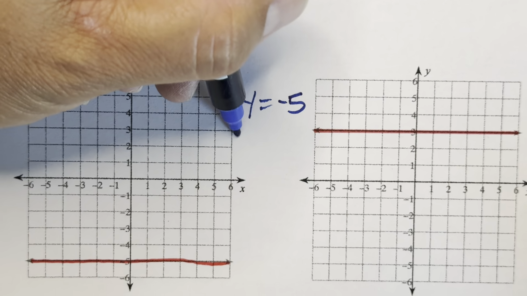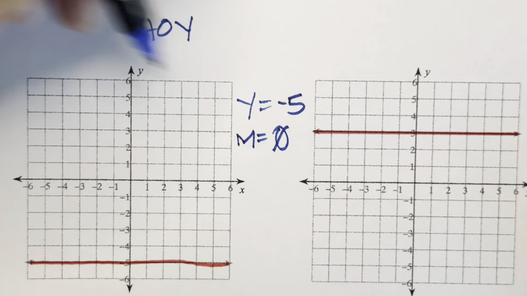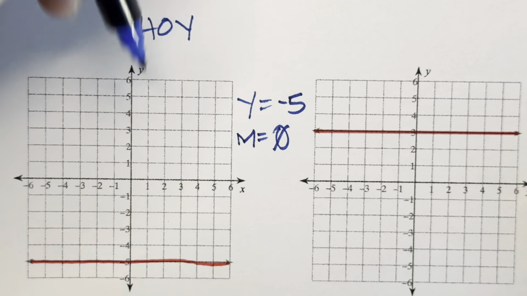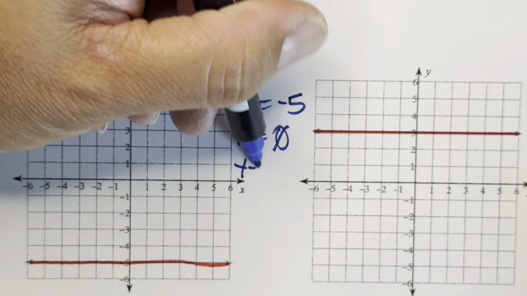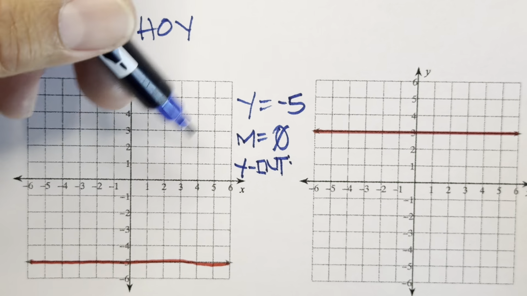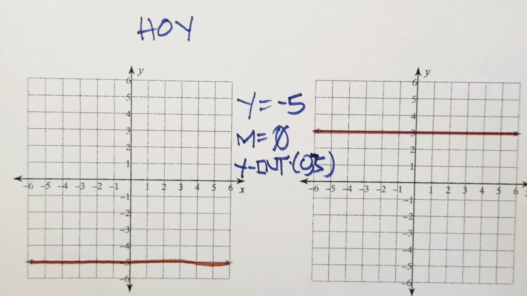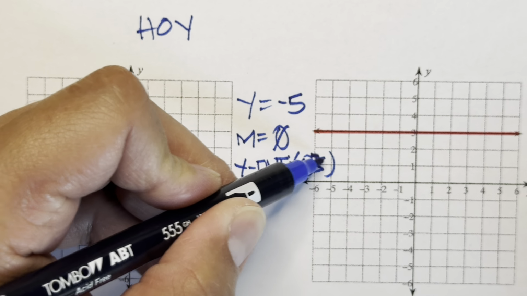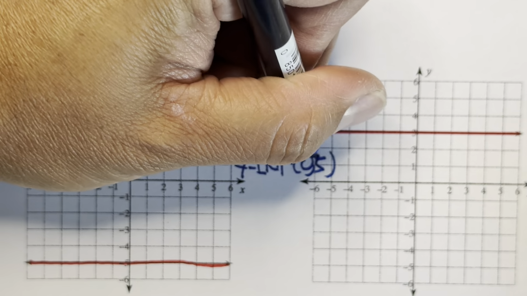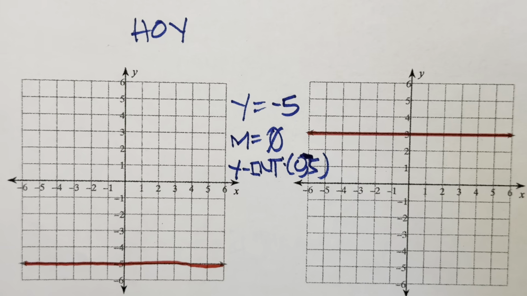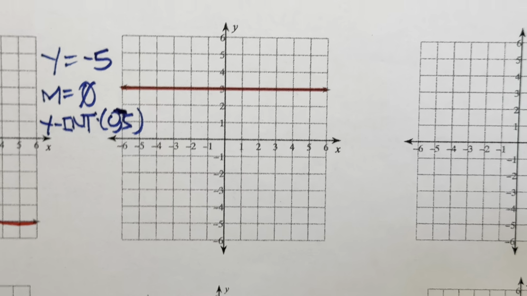And our slope is 0 because it's a HOY. And our y-intercept is at (0, -5). Oops, let's put that negative there. Make sure your teacher can see that -5 too. Don't just smudge it in there, make it super bold so he or she knows.